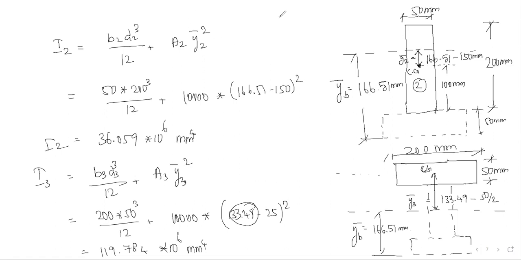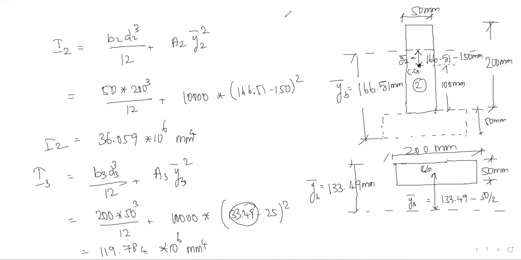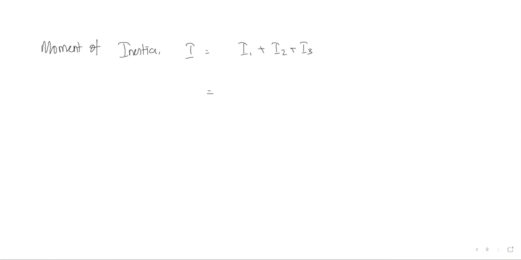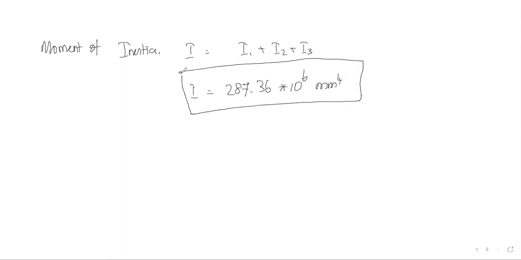Sorry for the confusion. The same way we can do it, no issue. We can get the same answer. So now we should consider the addition of all these things. If I add I1, I2 and I3 values, I'm getting 287.36 into 10 to the power 6 mm power 4. This is the total I value of the given section.